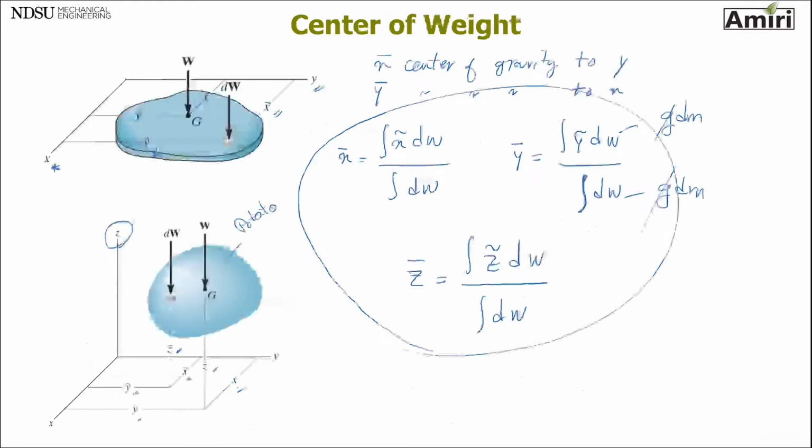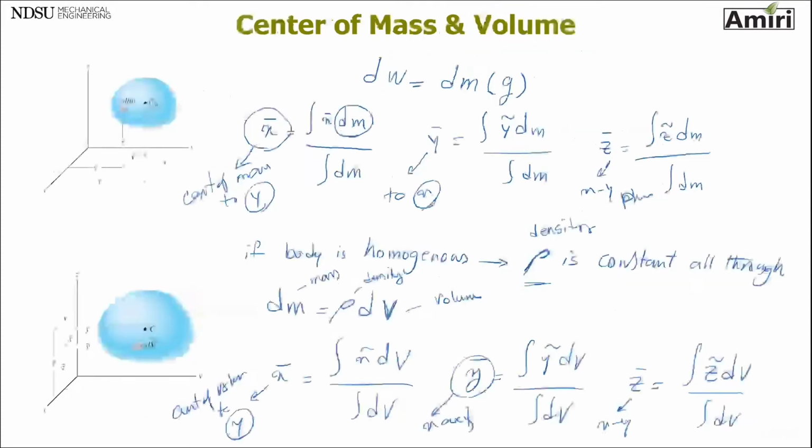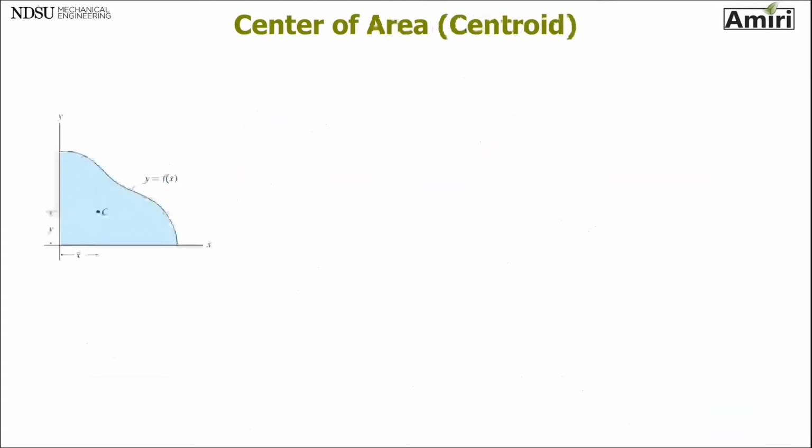Let's see. Center of weight, what I have here is differential amount of weight. Everything else is the same. Center of mass, differential amount of mass in the integral. Center of volume, differential amount of volume. Now I want you to think about it and tell me what a center of area would be.